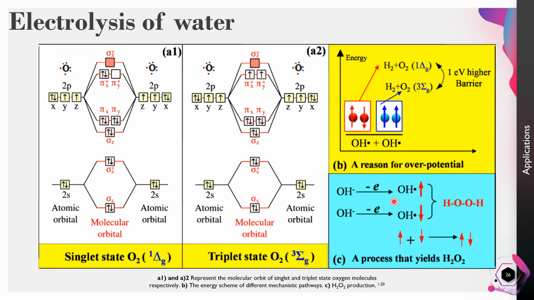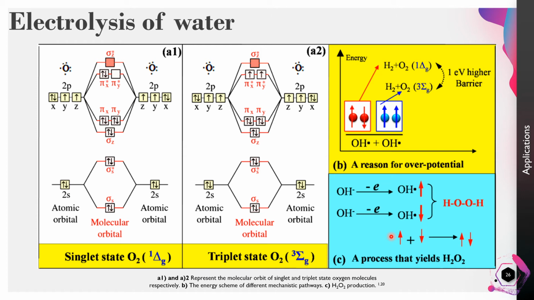So another added benefit of this is that it reduces the formation of electrolysis byproducts. One of the unnecessary byproducts of electrolysis is peroxide.